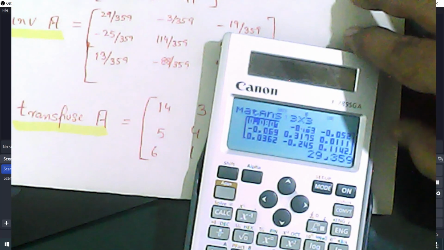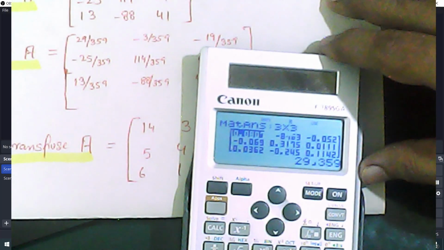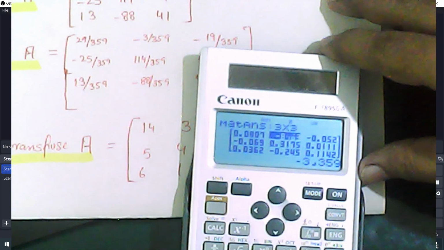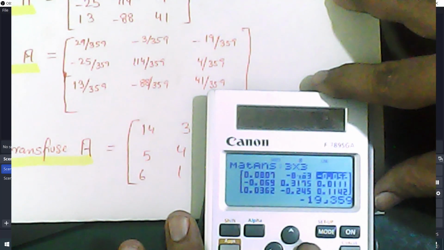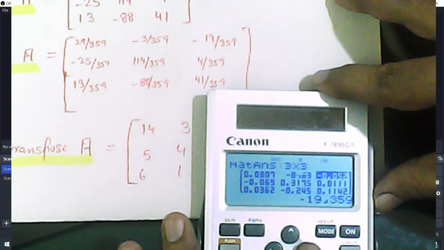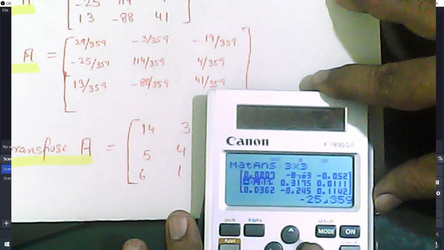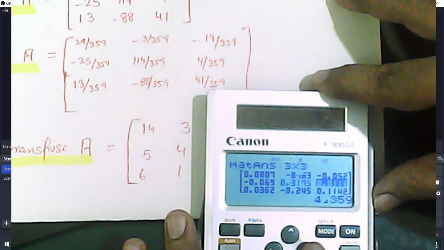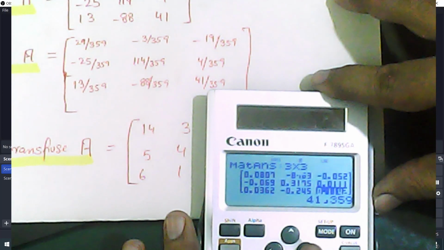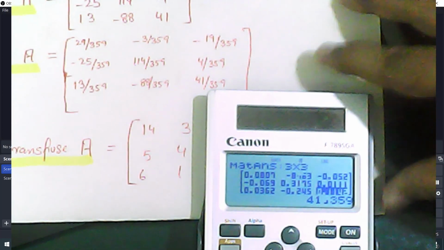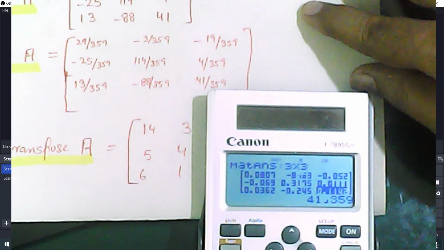Okay, so the first one is minus 29 over 359. The second one is minus 3 over 359. You can see from the solutions. Then it is minus 19 over 359. Again, this one is minus 25 over 359, and 114 over 359, 4 over 359, 13 over 359, minus 88 over 359, and 41 over 359. So these calculations of the calculator match with the manual calculations, and then we clear it off.